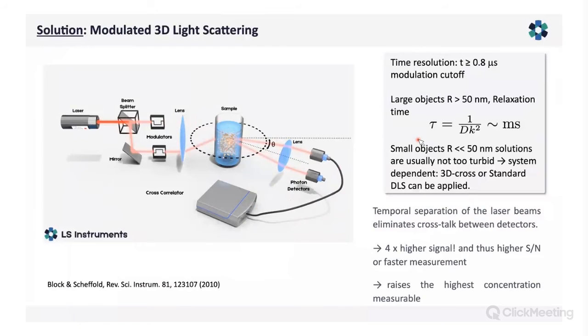It's still within the window of modulated 3D, but if needed, you could also switch back to 3D cross-correlation, which can go down to 10 nanoseconds in time resolution. Or, if the sample is very transparent and dilute, you could go back to standard DLS, all of which is implemented in typical experimental designs of this system.